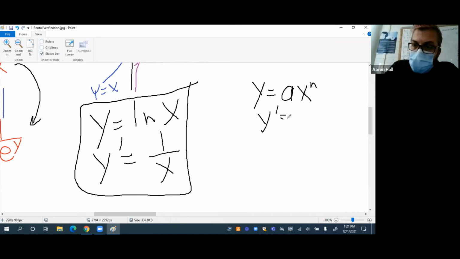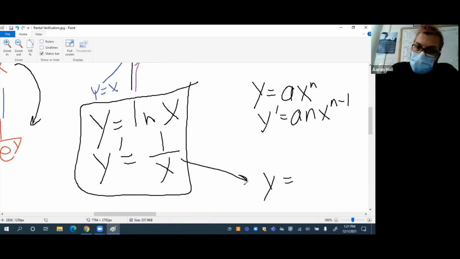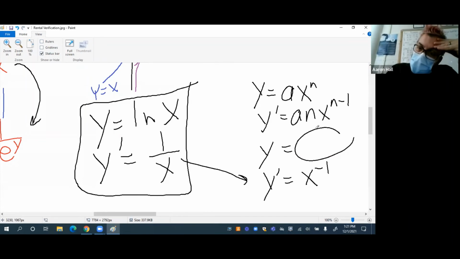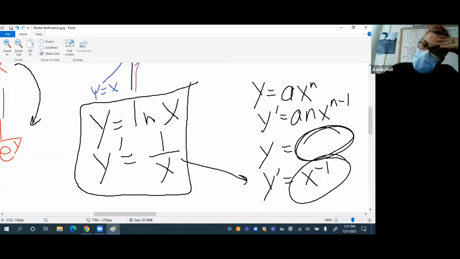Using the power rule, I get a times n times x to the power of n minus 1. What would my polynomial be so that I get x to the power of -1?